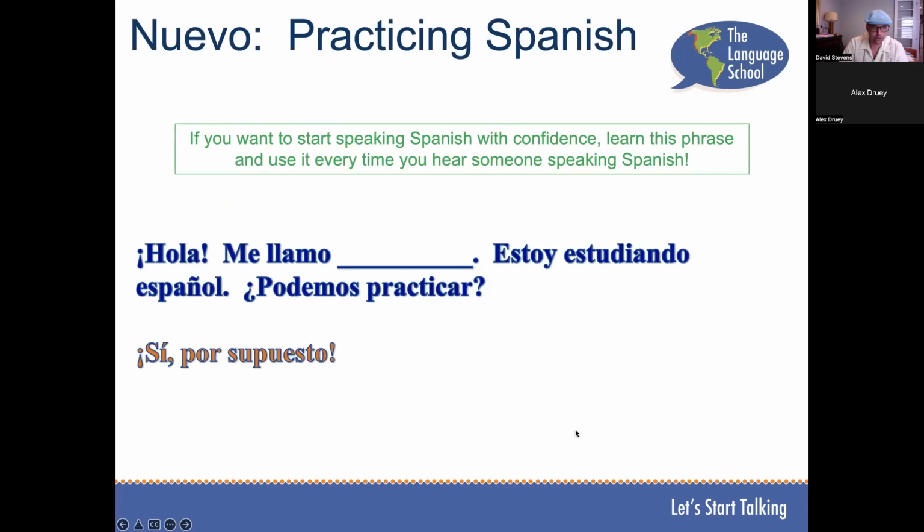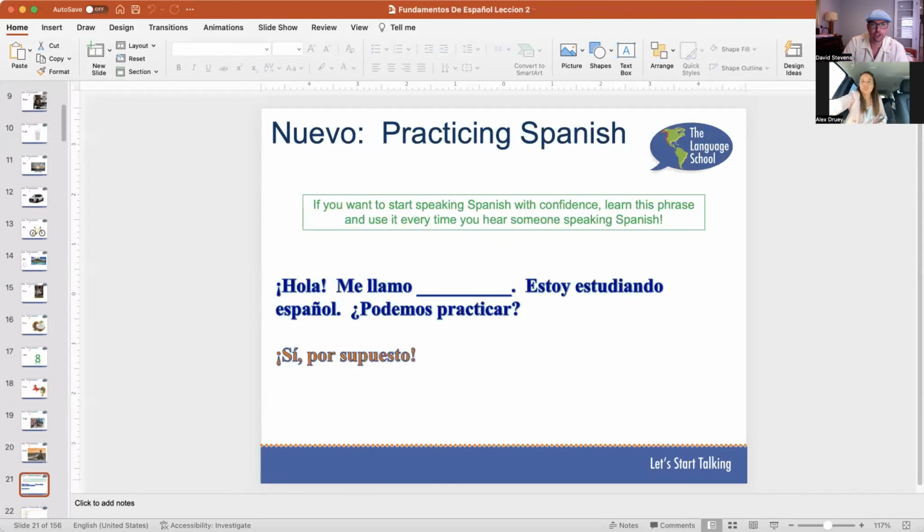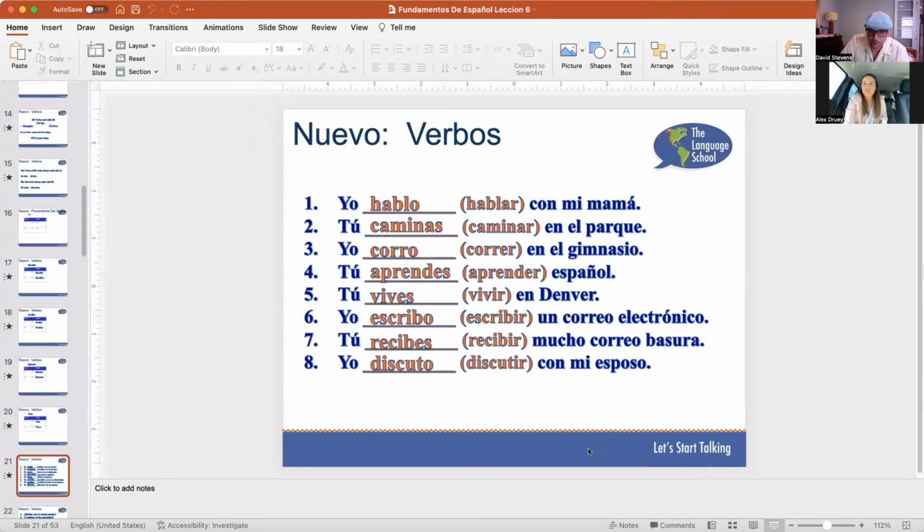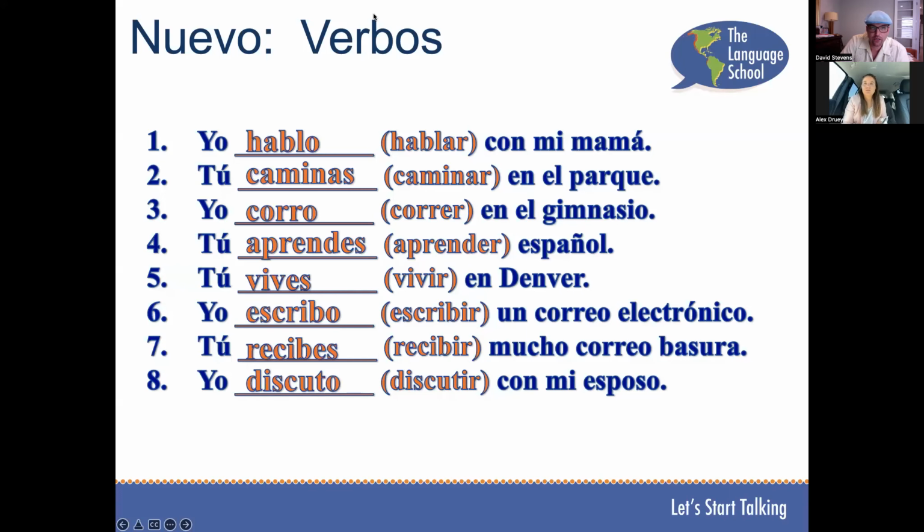Okay. So now, if we apply it back to what we were just doing here. What you want to do is get comfortable isolating these vowel sounds. So on this one, correo seems to be tripping you up for whatever reason. You're adding an extra R in right here that doesn't go there.